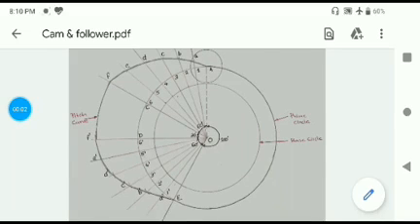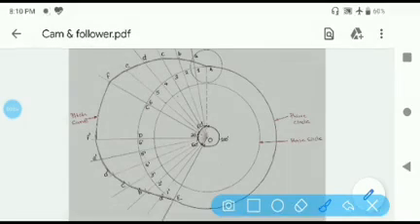Now what you have to do is, from point A, that is capital A, which is the trace point, with A as the center, you draw a circle. The radius of the circle will be the radius of the roller. That means the radius of the roller here is 15 millimeter. You draw a circle of radius 15 millimeter.